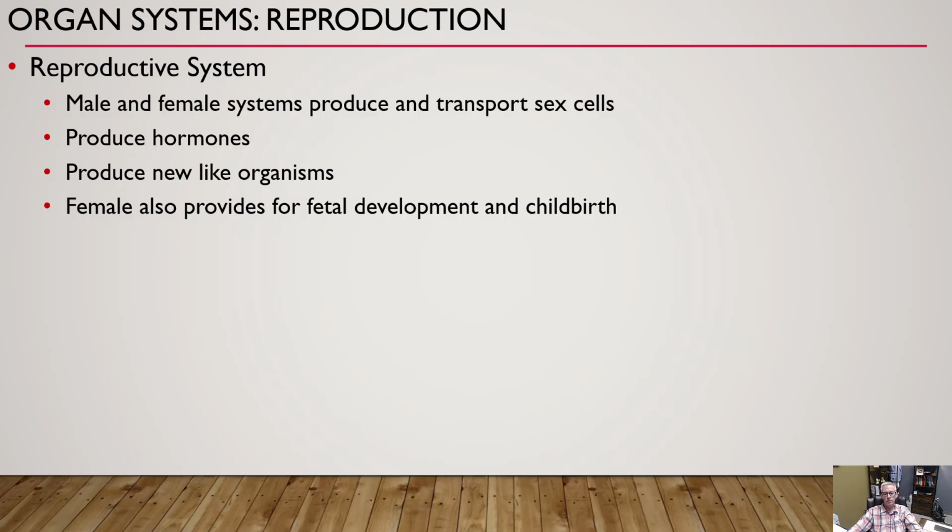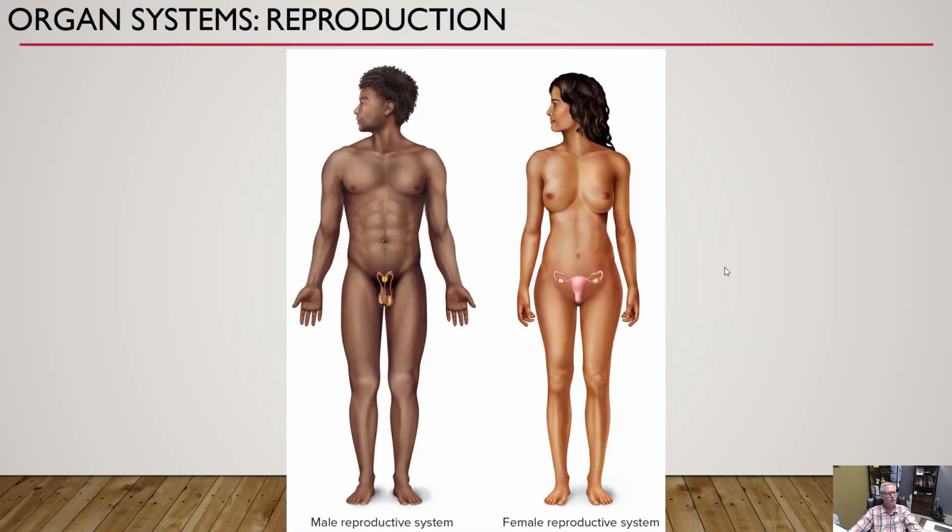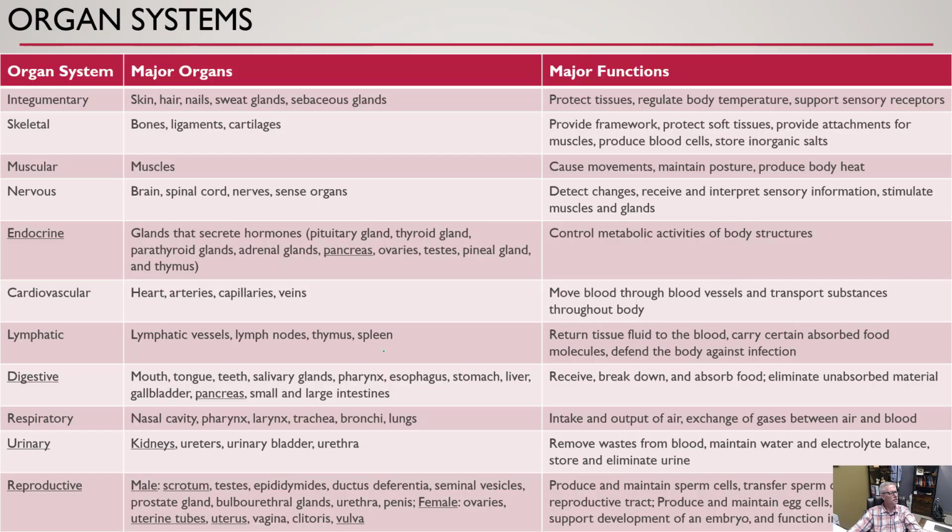You will need to know the general differences between the male and female anatomy. For example, males, which I would hope by now you should know these, are going to have a scrotum. Females have a vulva, uterus, and uterine tubes.